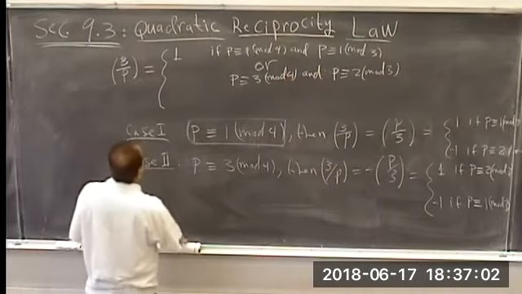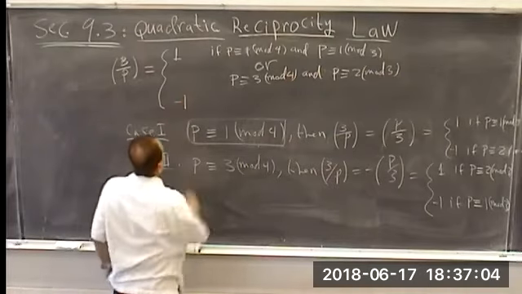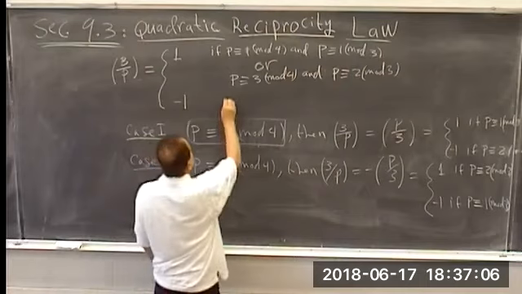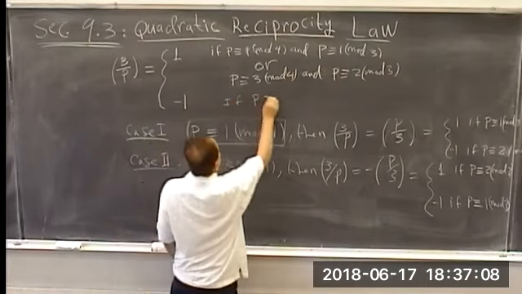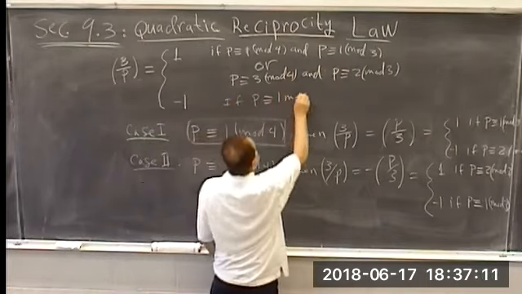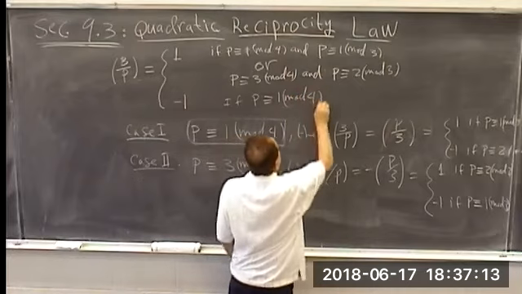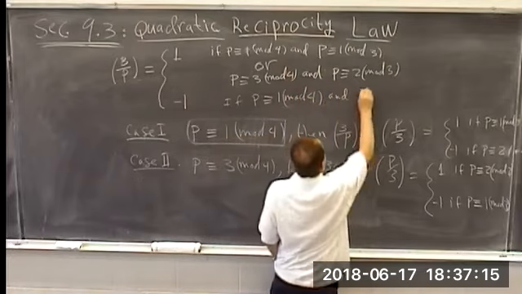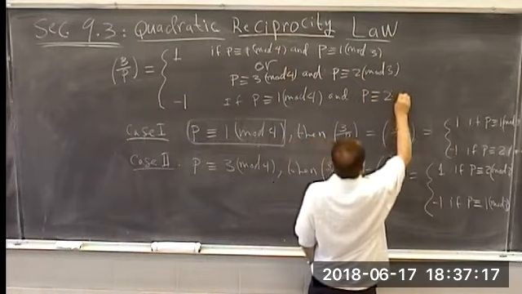Then negative 1, when p is congruent to 1 mod 4 and p is congruent to 2 mod 3.